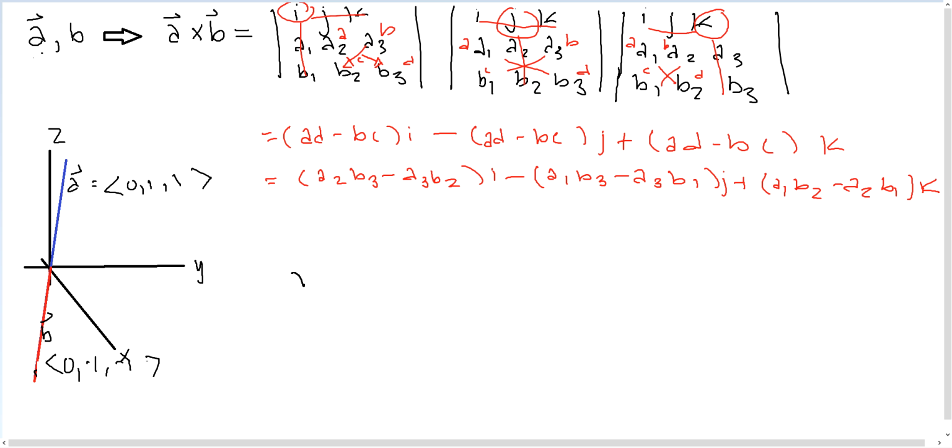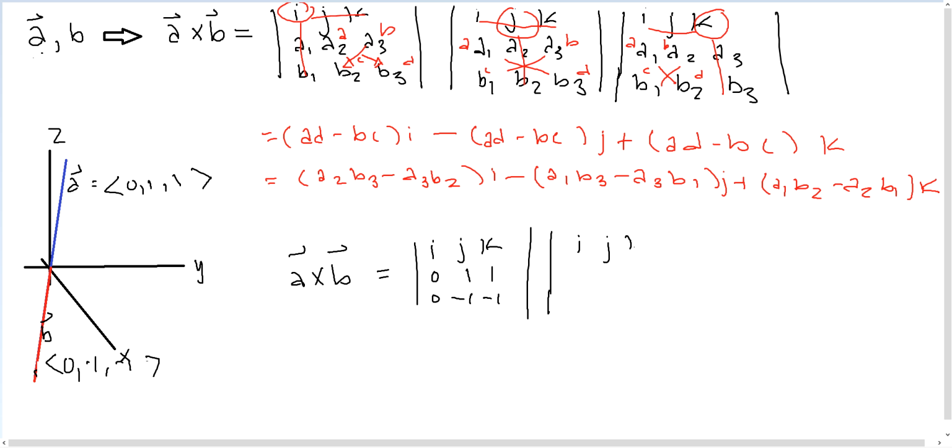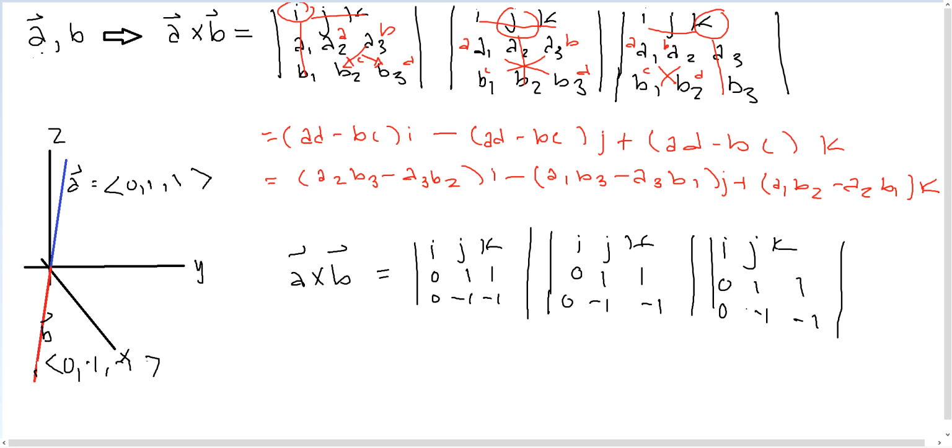So what we're going to do here is A cross B. And that is equal to I, J, K, and then we know that our A1, A2, and A3, and this is B1, B2, and B3. And we're going to write all three because we're going to get good practice with doing cross products. So I, J, K, 0, 1, 1, 0, negative 1, negative 1. Okay, perfect.